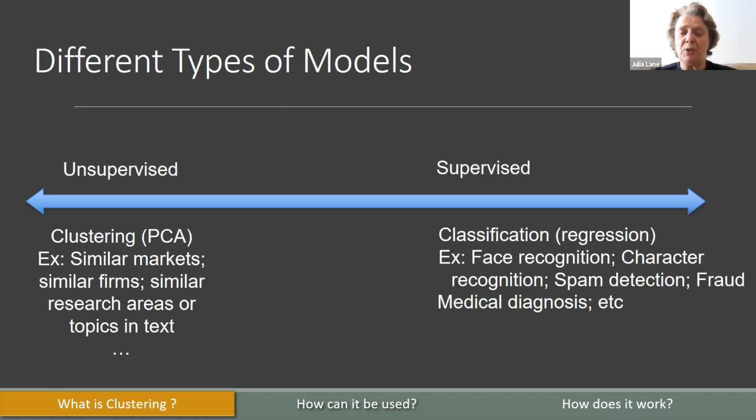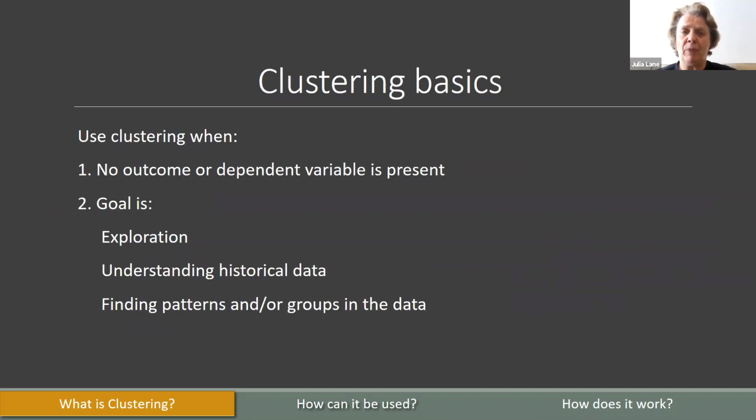For similar firms, as we'll see later, we'll think about firms that have high wages and upward employment trajectories for their workers versus ones that don't. You can also use clustering to find similar documents. In other words, when you're looking at scientific documents, you can say this was written in the economics field versus it was written in astrophysics. So those are the kinds of applications that they're used for.